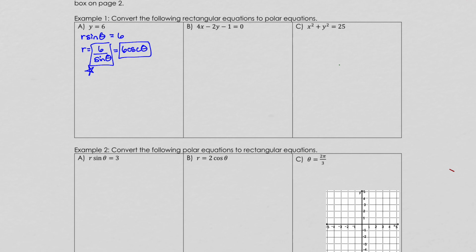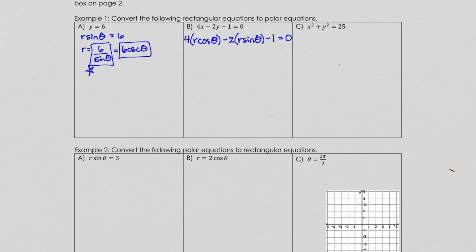Okay, so for the second one, I need to replace x and y again. So if I leave the 4 in front of the x, but x is r cosine theta, minus 2, y is r sine theta, minus 1 equals 0. So let's simplify some things.